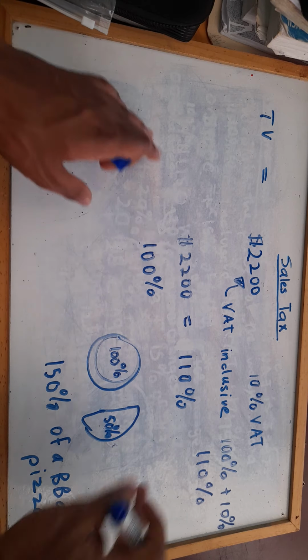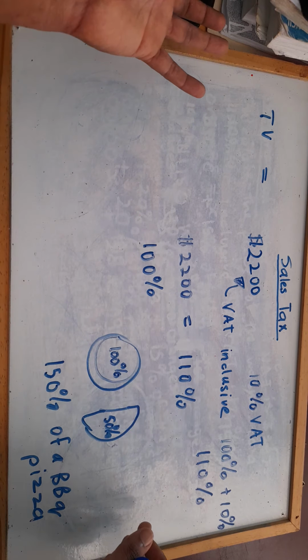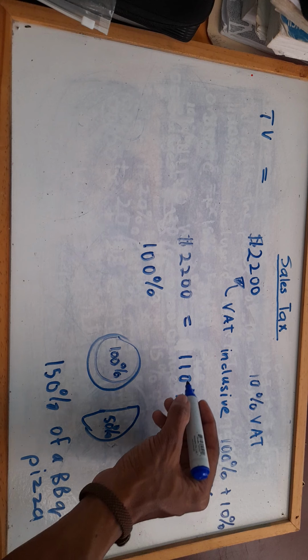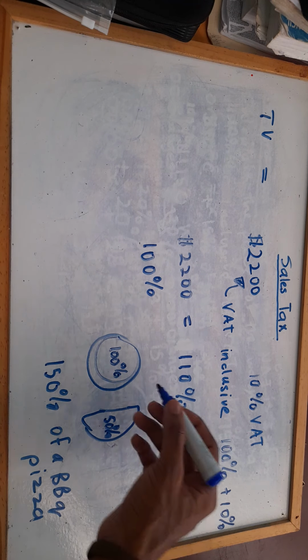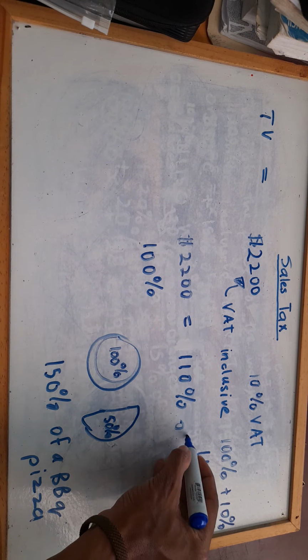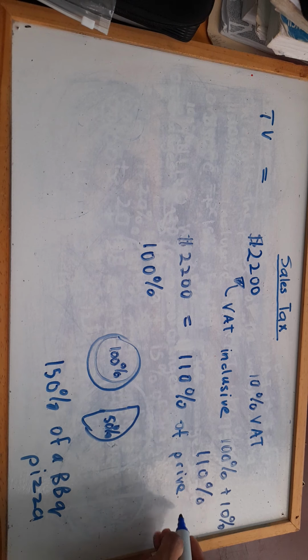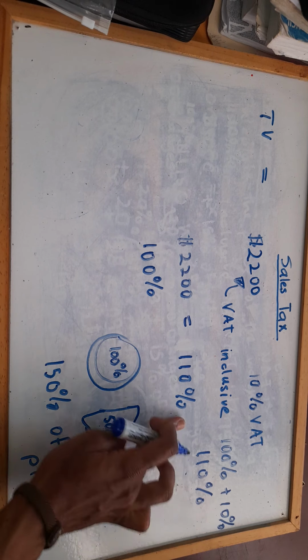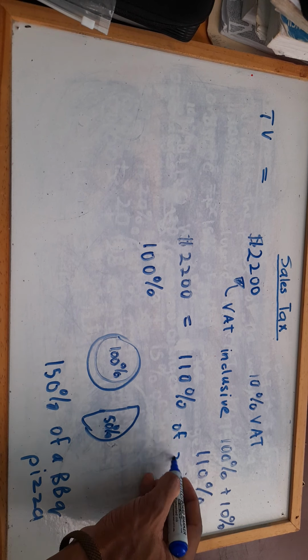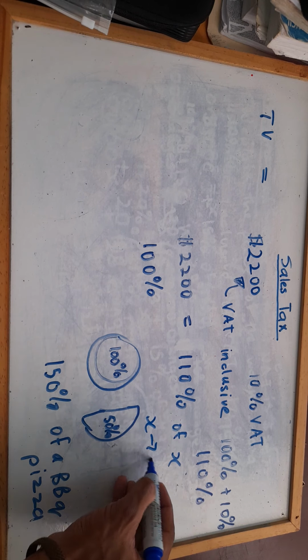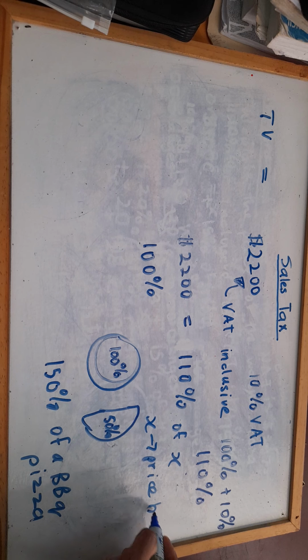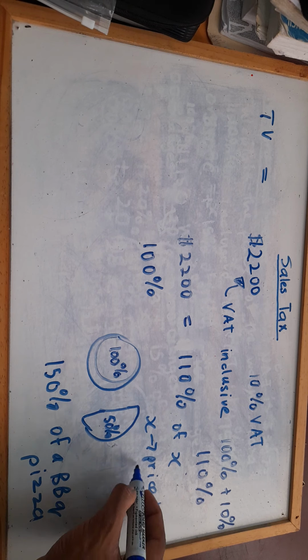Now we don't know what it was before, right? So this 110% is of what? Is of the price before VAT. Or we can call it X, 100% of X. And X is the price before VAT.